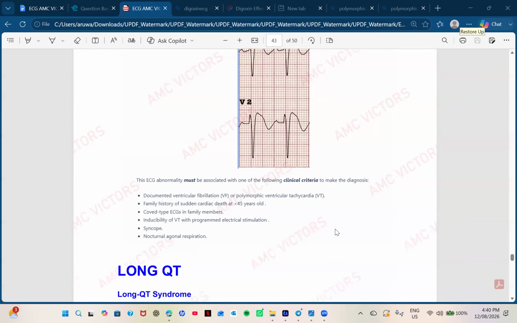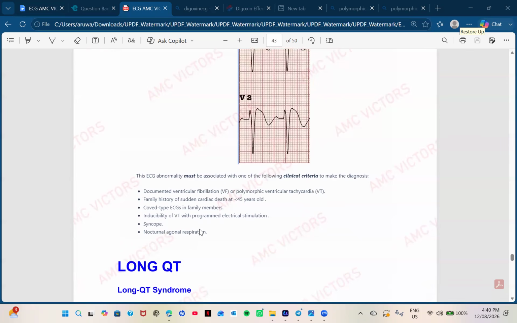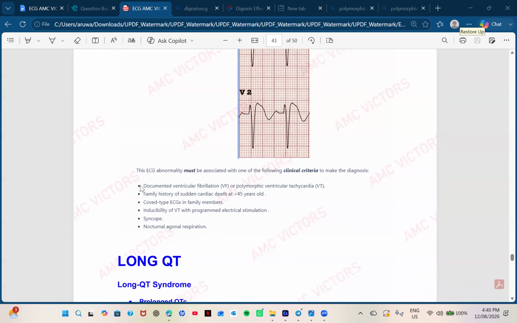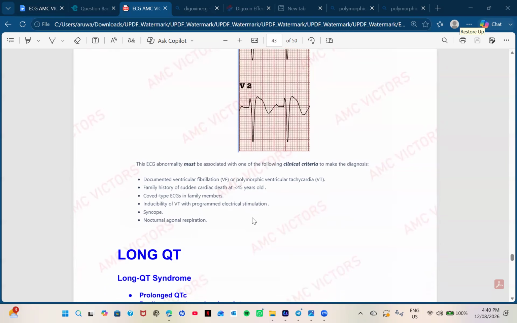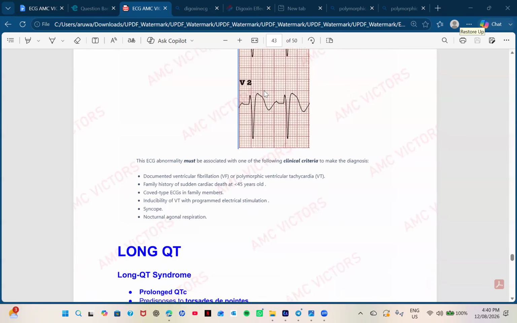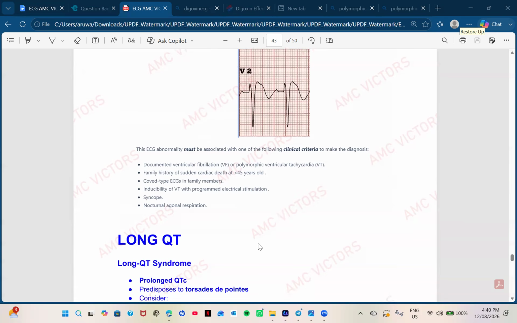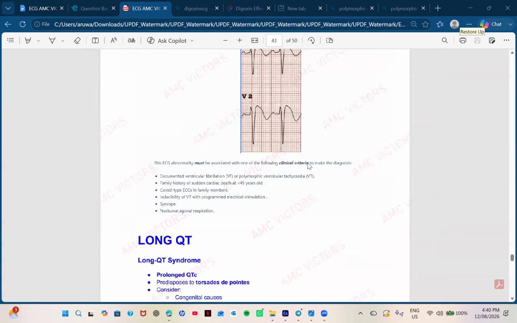The ECG abnormality must be associated with one of the following clinical criteria to make the diagnosis: documented ventricular fibrillation or polymorphic ventricular tachyarrhythmia, family history of sudden cardiac death under 45 years, this coved type ECG in family members, inducibility of VT with programmed electrical stimulation, syncope or nocturnal agonal respiration.